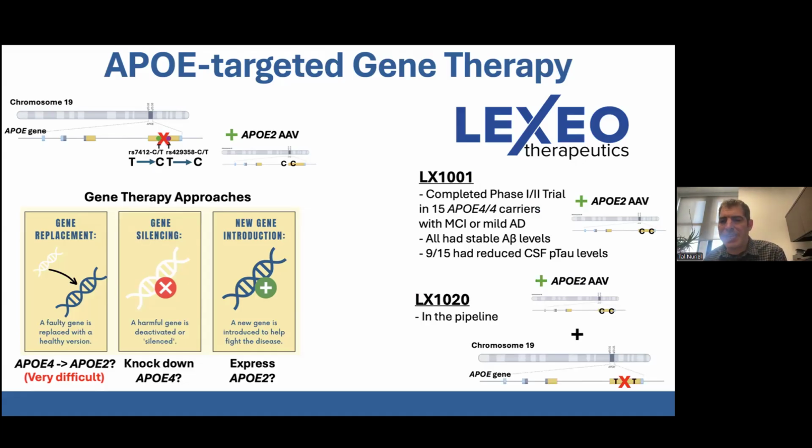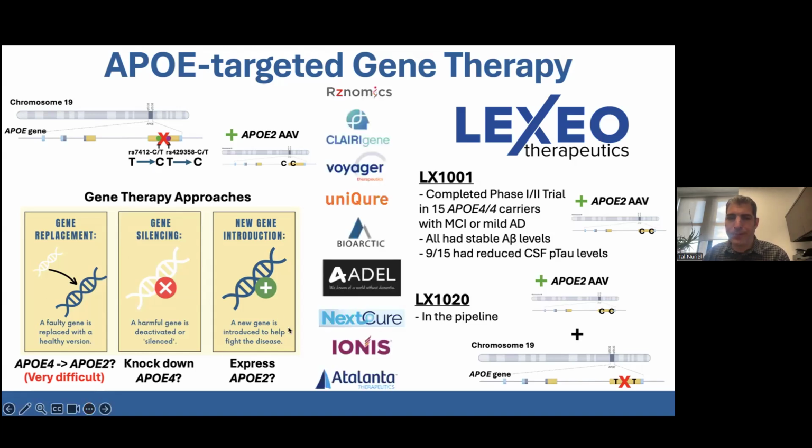And now what they're trying, or in the pipeline anyways, is basically this combined approach where they overexpress ApoE2 and partially knock down ApoE4. So it's sort of a roundabout way of doing this first one, this conversion from ApoE4 to ApoE2.